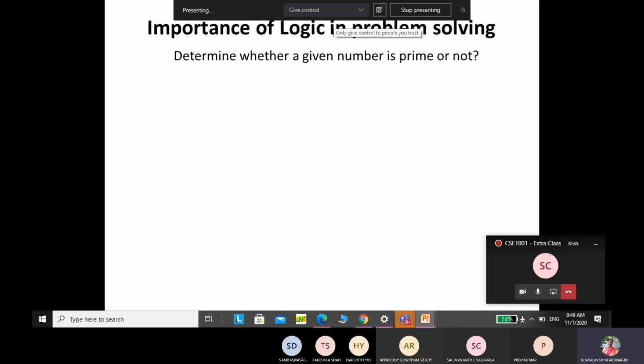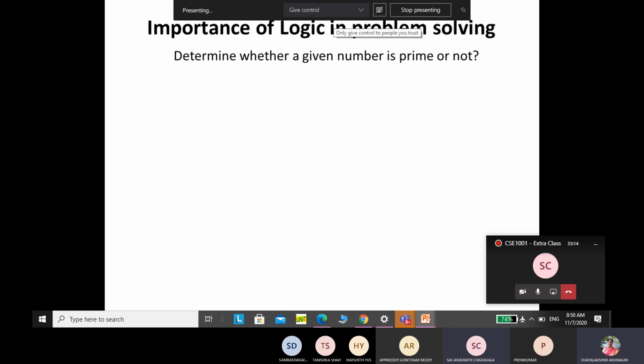Next question: determine whether a given number is prime or not. How do we find out whether the given number is prime? Normally, mathematically, please tell me. Its HCF is 1.